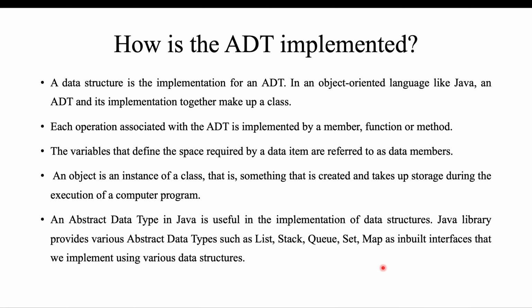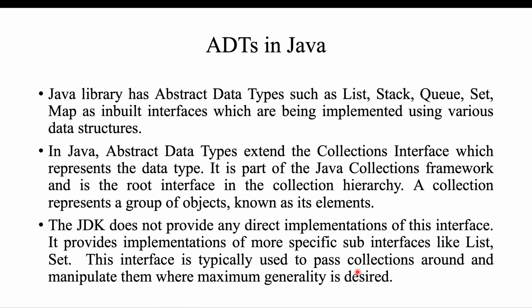Okay, so we can also make a user defined abstract data type, but that will depend on the usage, or on what type of problem we are dealing with. But essentially we have inbuilt abstract data types in Java, which help us to do things in a much more sorted manner.